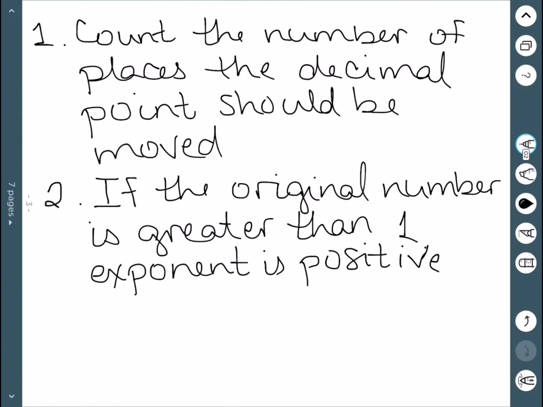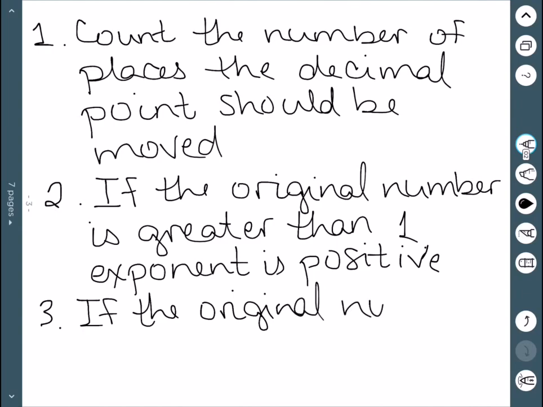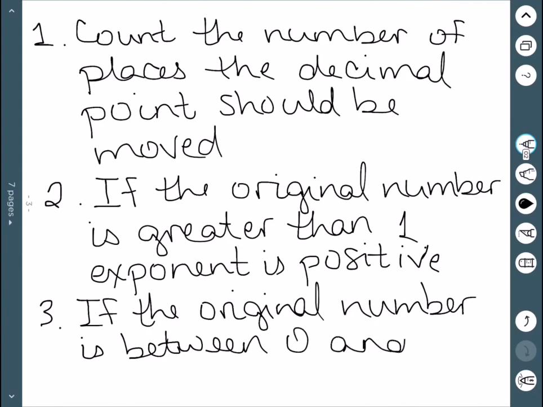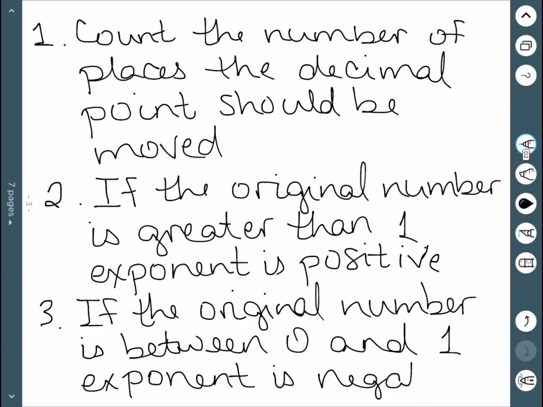If it was less than 1, so if the original number is between 0 and 1, the exponent is negative. And this number for the exponent comes from how many times we move that decimal place. So let's do some examples.